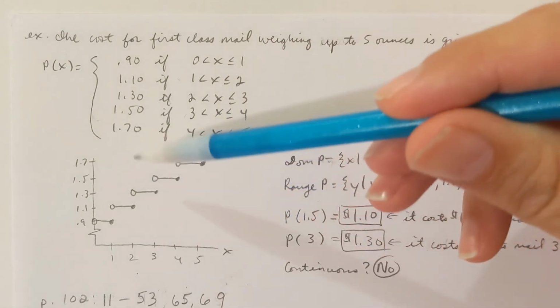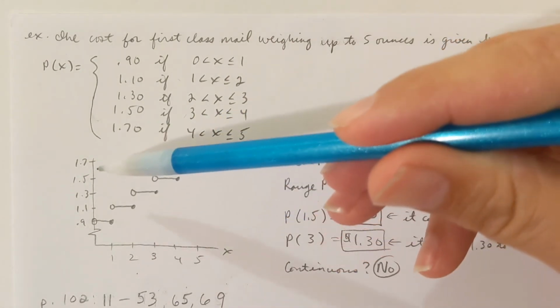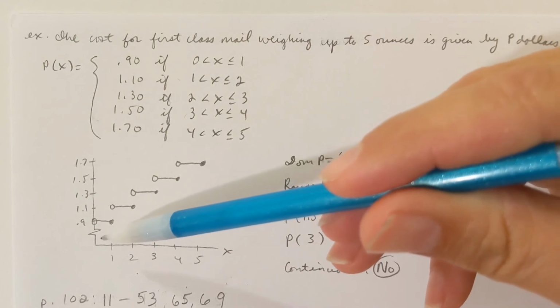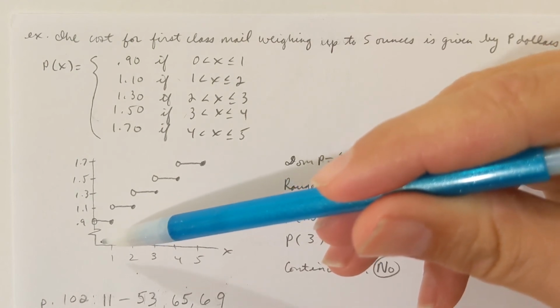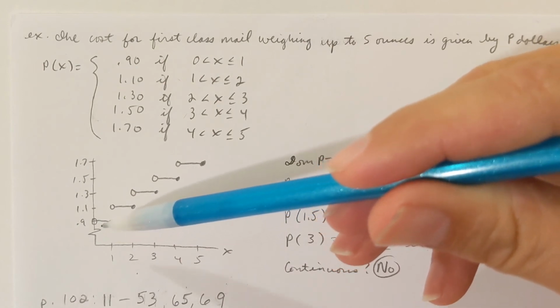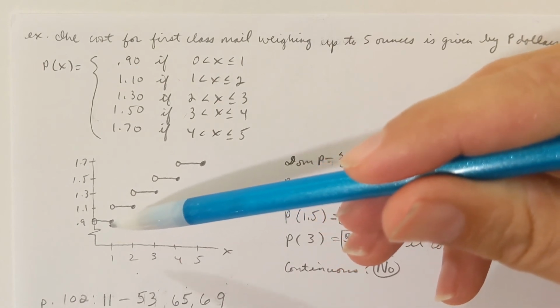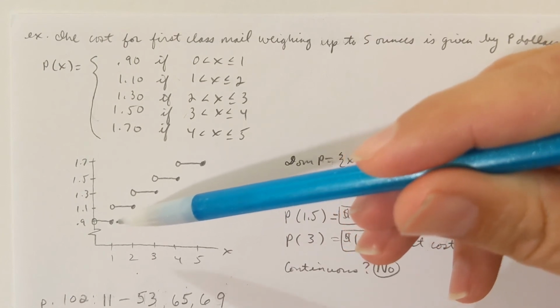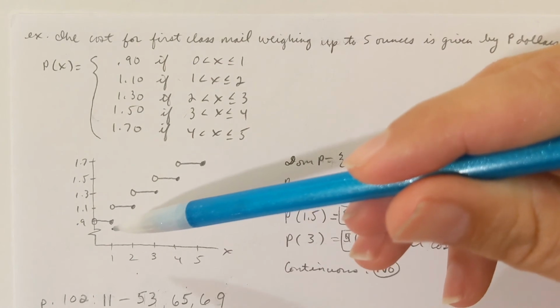Now notice how I'm graphing P of x and I'm not starting at 0. I'm starting at 0.9. So I have a break in the axis showing that I'm not starting at 0. You can have that or not. I guess I'm not picky about that.